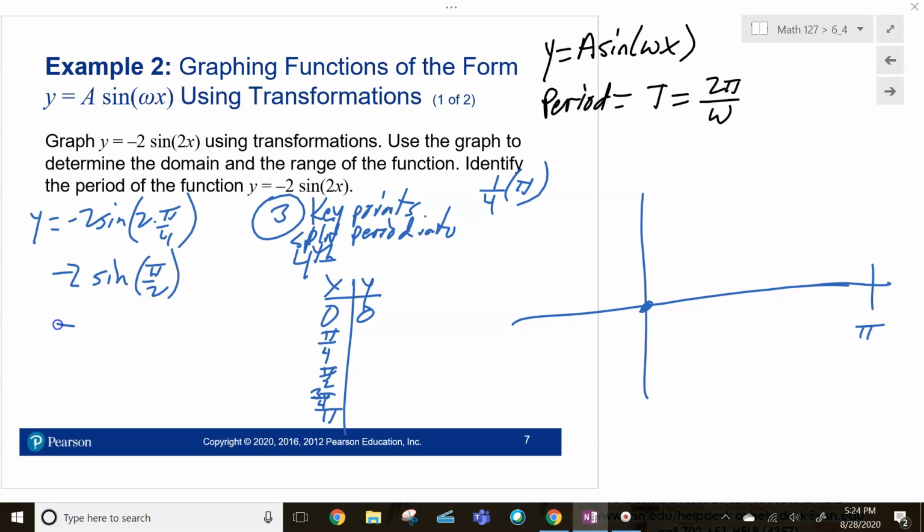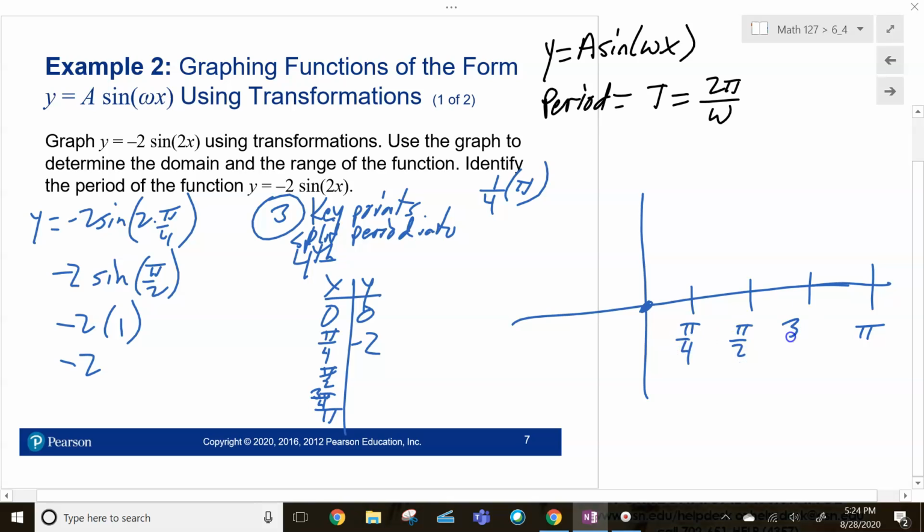I know the sine of pi halves is 1, so I get -2. Pi fourths, -2. Now I plug pi halves in for x. 2 times pi halves is pi. Sine of pi is 0. 0 times that -2 in front, 0.